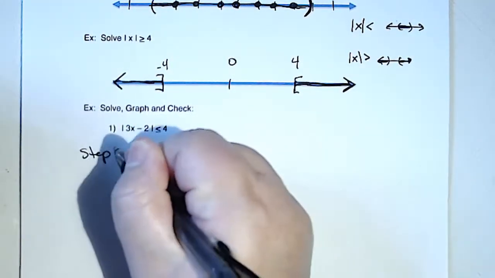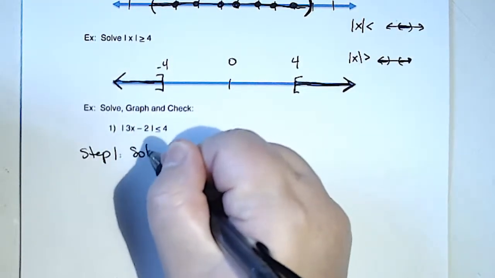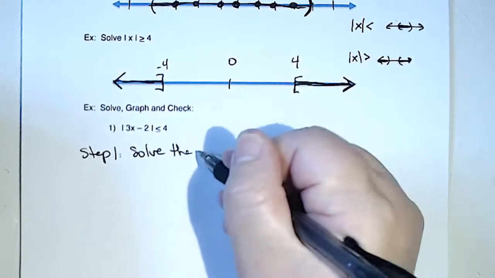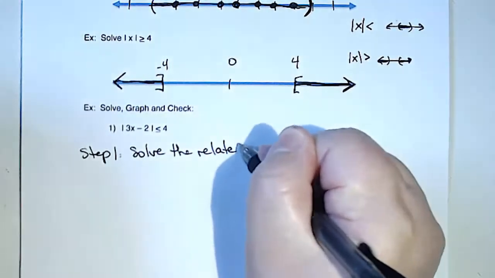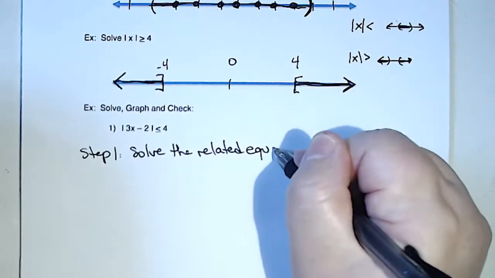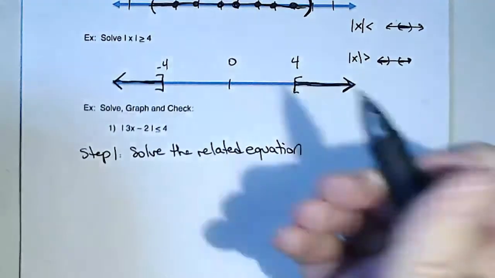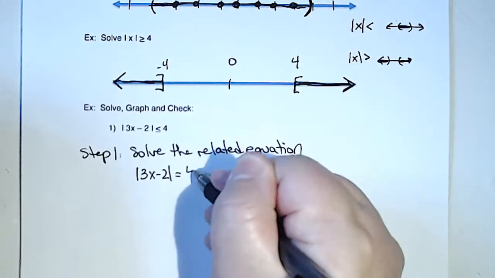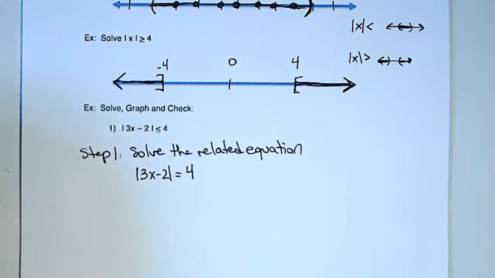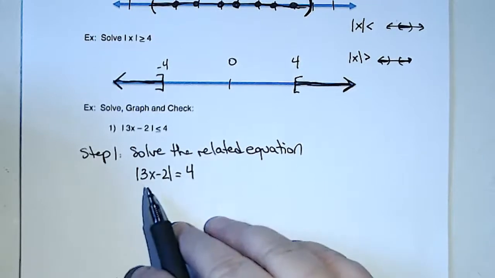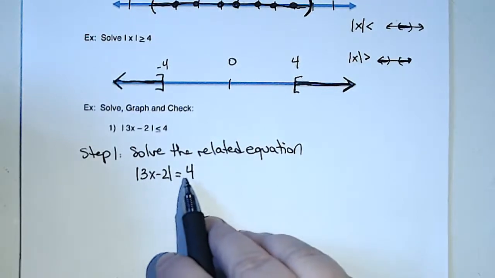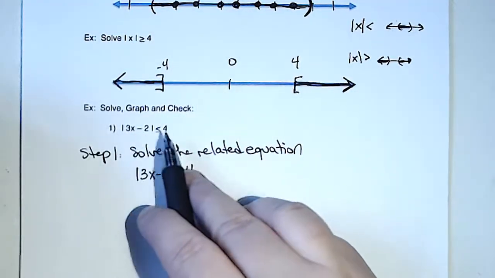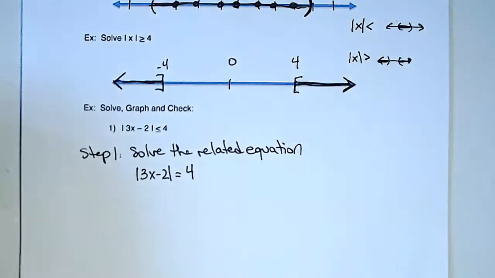Step 1. Solve the related equation. The absolute value of 3x minus 2 equals 4. So I did exactly the same thing on both sides, just an equals in the middle.